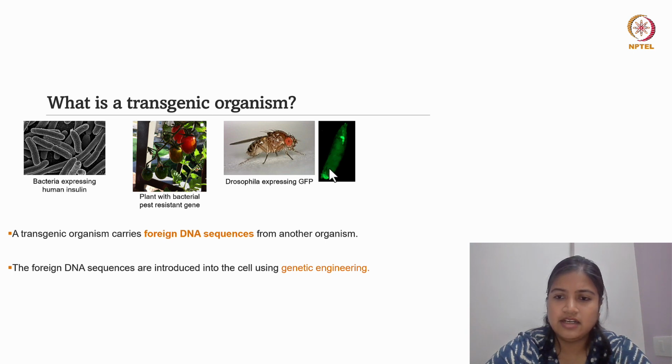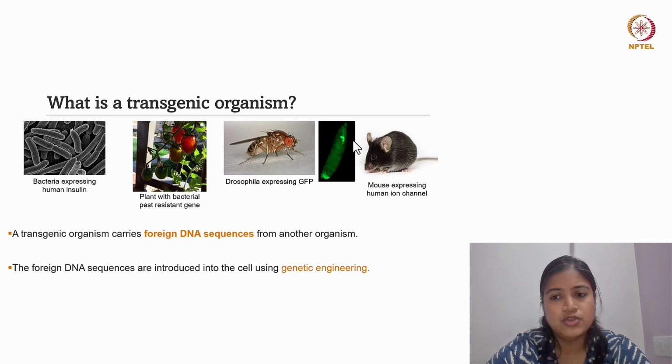Here you can see a larva of a Drosophila, and the brain of this larva is expressing GFP. We could have a mouse which expresses a human ion channel or a mutated human ion channel gene, and all these organisms which carry a foreign DNA from some other organism are referred to as transgenic organisms.